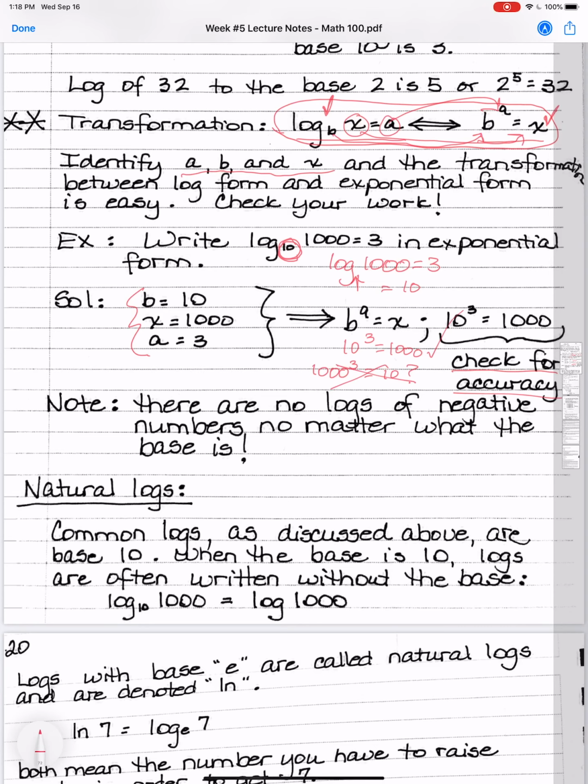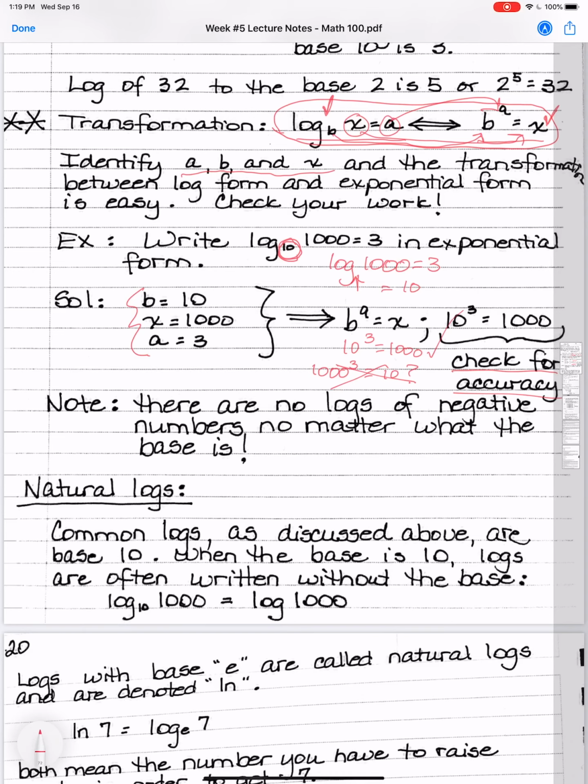If you had 3 raised to the 1,000 power, that's not going to equal 10, and so on. So when you convert to the exponential form, you can check yourself for accuracy. So make sure that you always do that. And note, there are no logs of negative numbers no matter what the base is. So we will not be using negative numbers in this section.